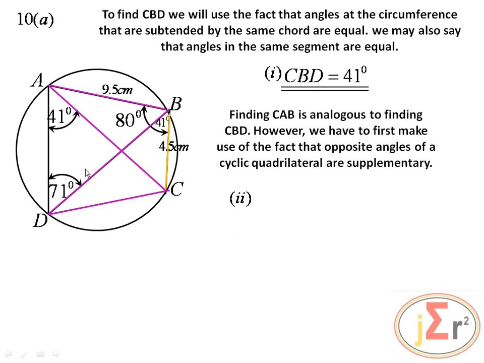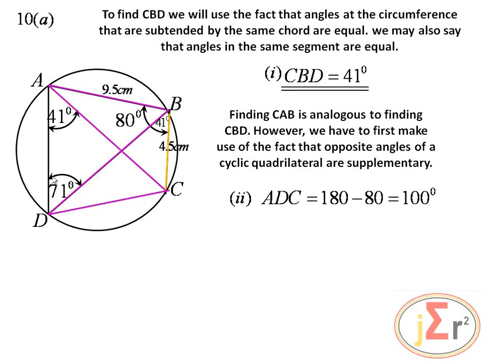Opposite angles of a cyclic quadrilateral are supplementary. They add to give 180 degrees. So let us see cyclic quadrilateral. All 4 vertices are touching the circumference of the circle. This is a cyclic quadrilateral. That makes the angle that we have here, that is 80, supplementary to this one, not the 71 degrees, to all of this.